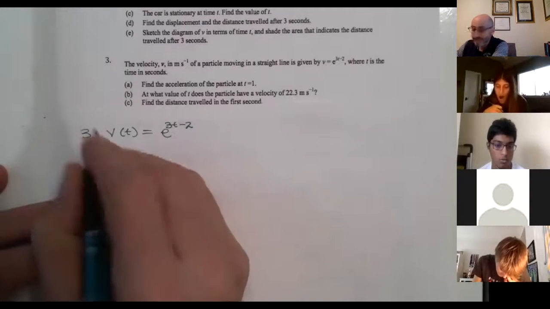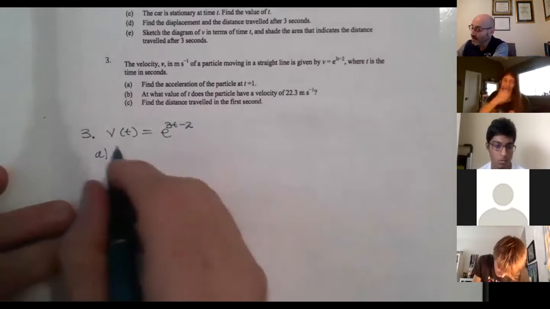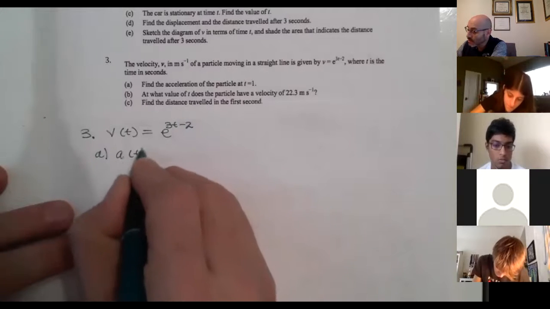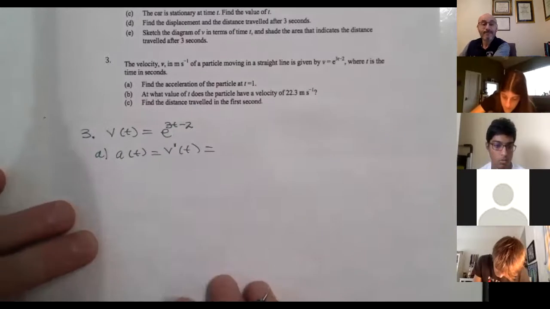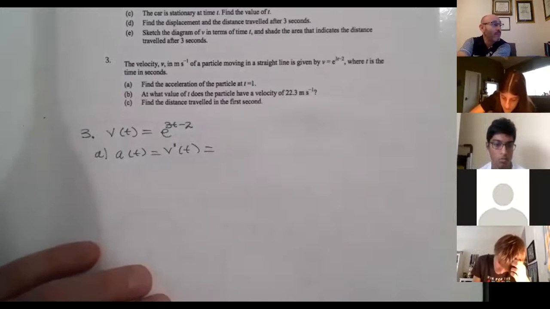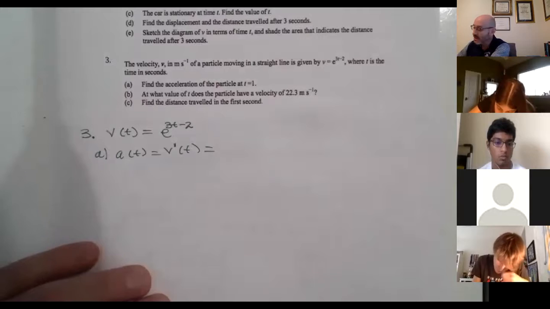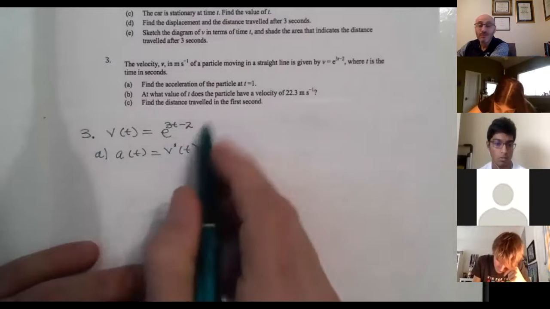So let's do A. Acceleration is just the derivative of the velocity. So let's try to remember how to get the derivative of e to the u.